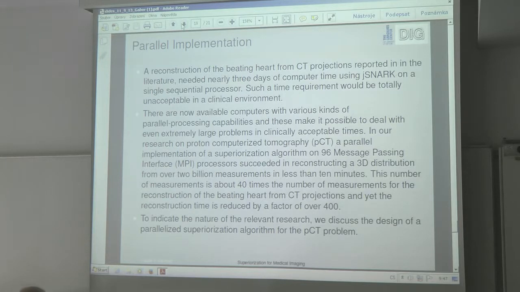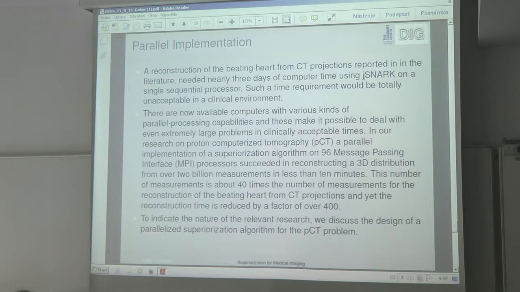And just to indicate to you why this is important, I wrote a book which appeared in 2009 on image reconstruction, and in it I have an illustration of reconstructing the beating heart from computed tomography projections.